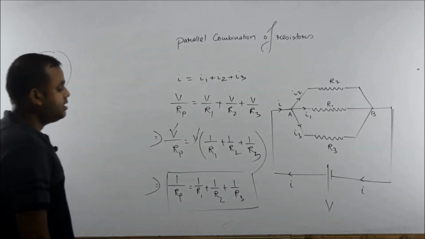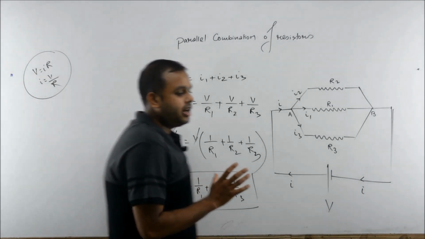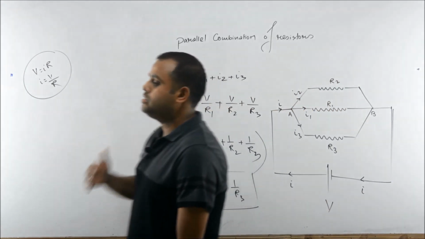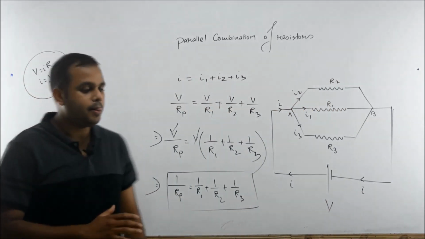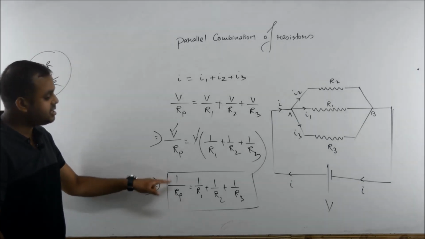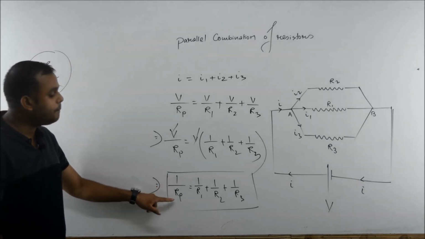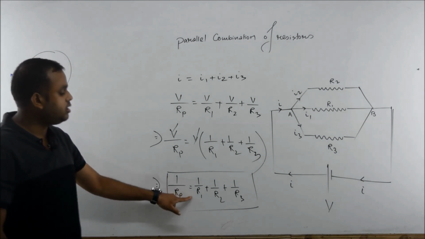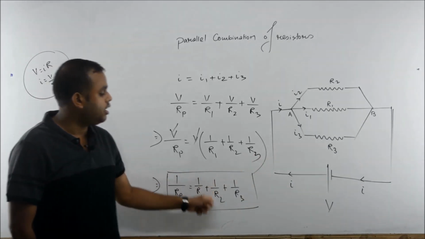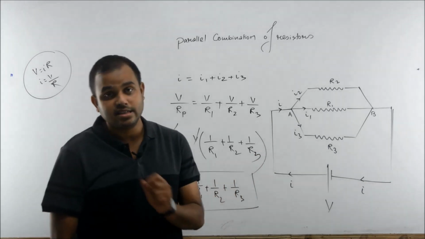Clear? So clearly you can see that if resistances R1, R2 and R3 are connected in parallel, then please concentrate, the reciprocal of the combined resistance is equal to the sum of the reciprocals of the individual resistances.